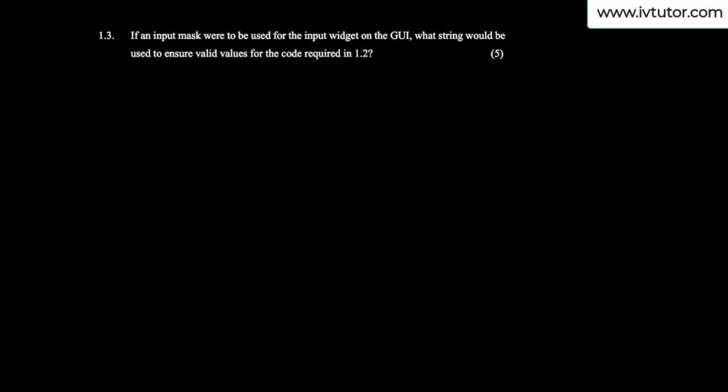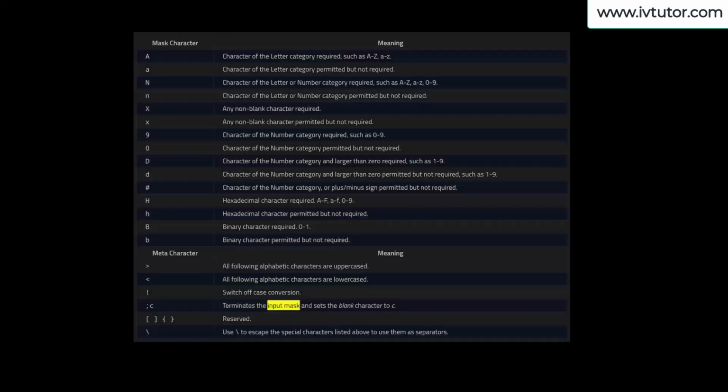If you go to the official Qt documentation and search for QLineEdit and then input mask, you will see this table that shows you input mask characters and what they represent. So that's how you do an input mask.